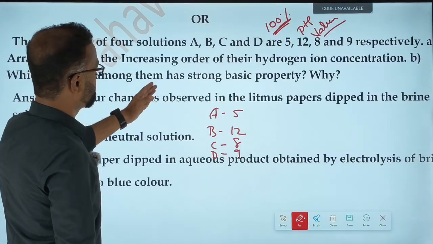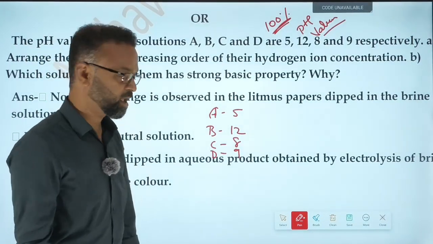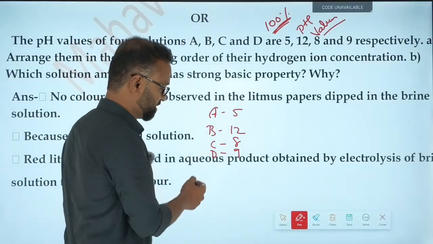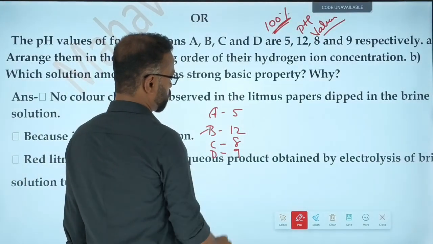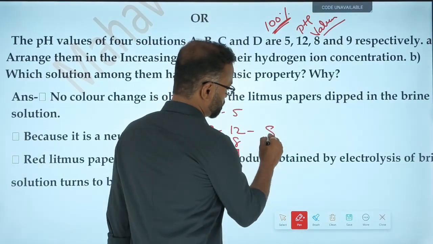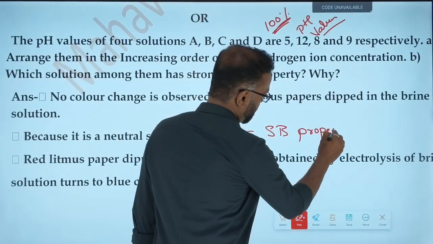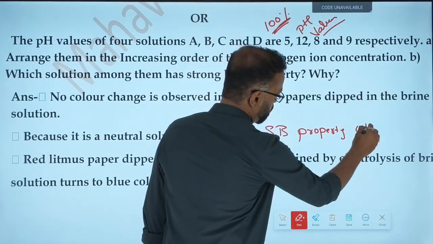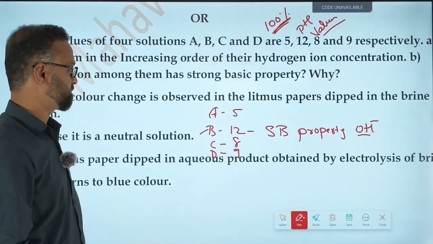Which solution among them has strong basic property and why? Okay, strong basic first we will see. Strong basic property is in solution B. It has strong basic property as it has more OH minus ion concentration or less H plus ion concentration.